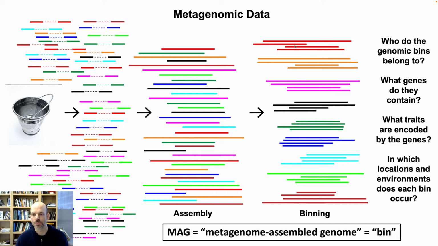Okay? So we can say that this collection of contigs share sequence composition, they share certain properties, they match up to certain databases, they all seem to go together, they may have reads that are paired with each other. So we think that these all belong to the same genome, and we call them one MAG, metagenome assembled genome, or one bin.